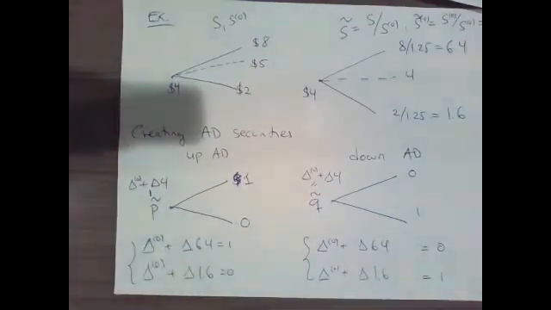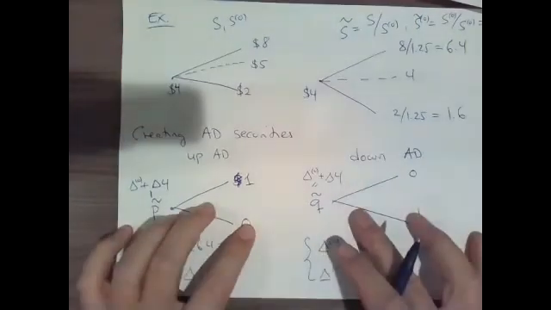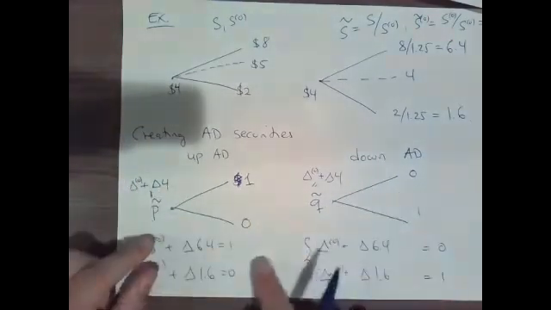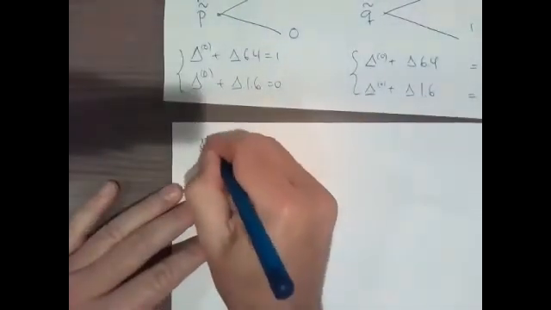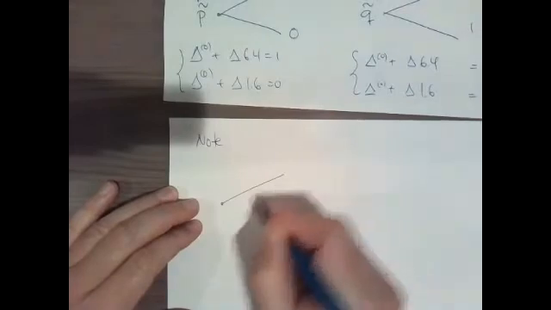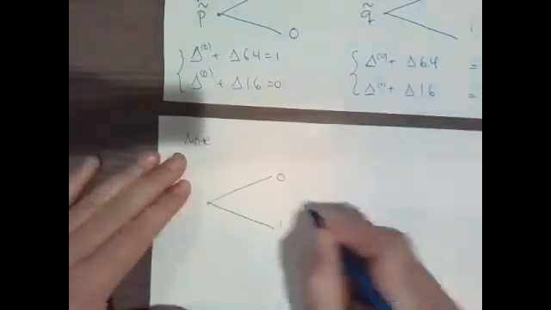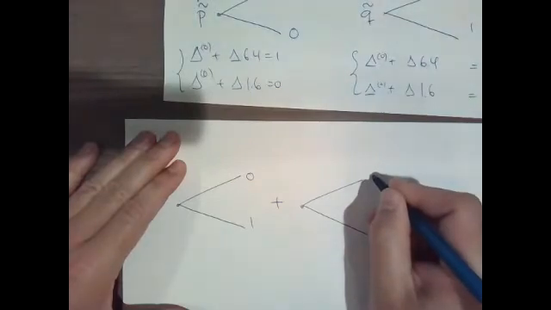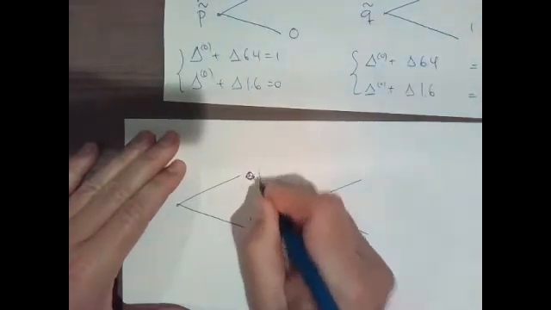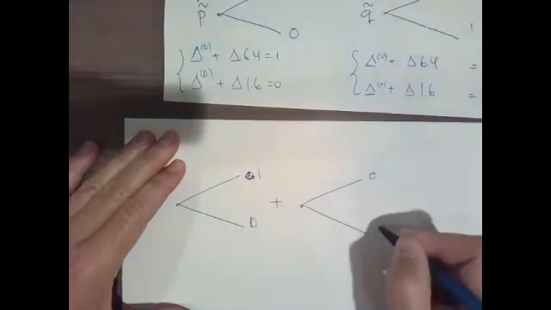Right, and the key thing to remember is that if I look at these 2 diagrams and I just add them up, if I add up the 2 payoffs, if I take this diagram plus this diagram, this is a 1, this is a 0, this is a 1.